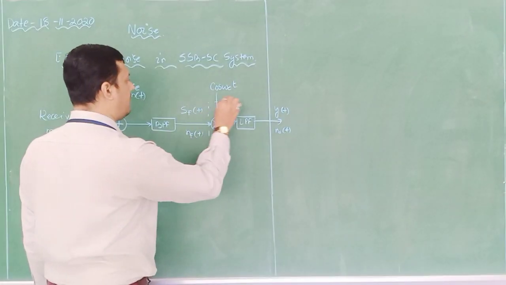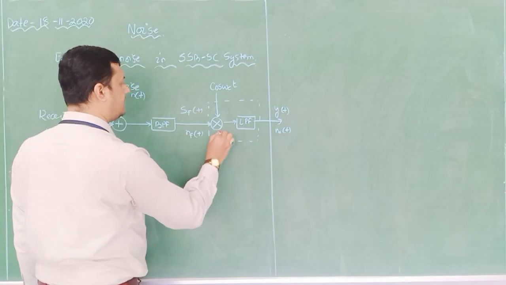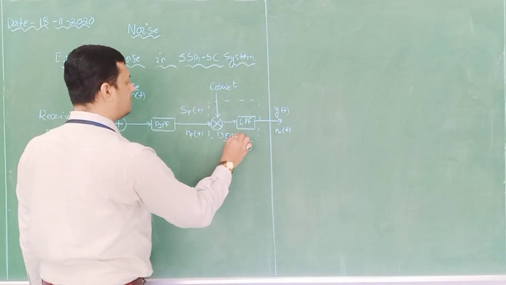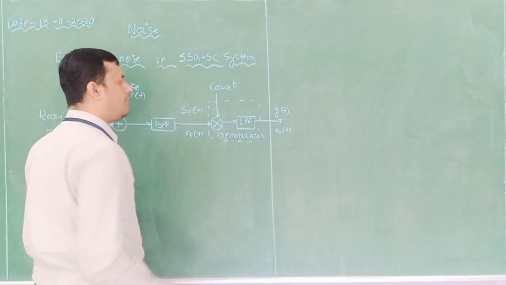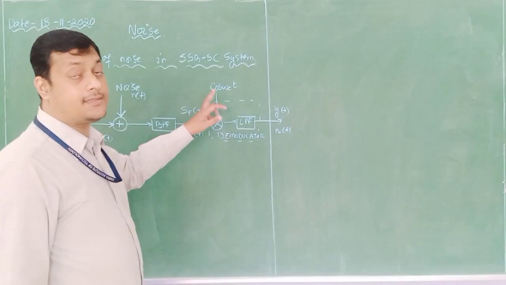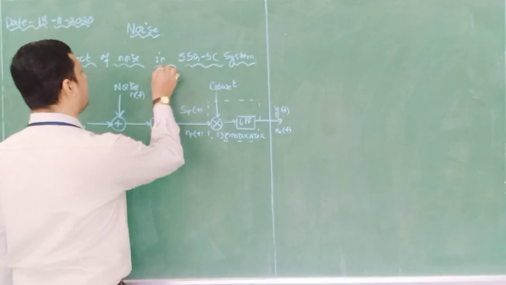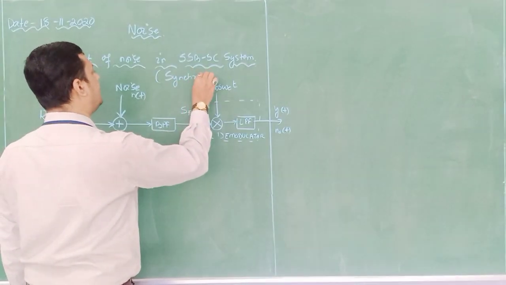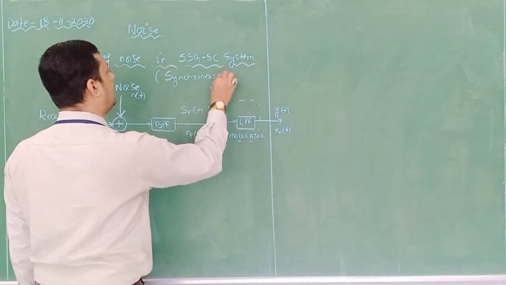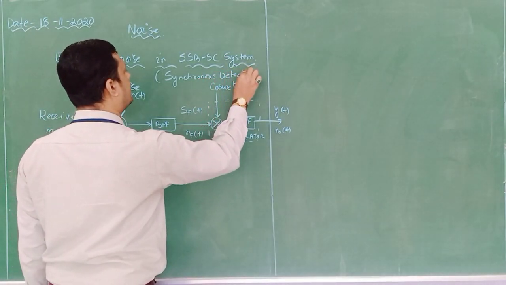This particular part is called the demodulator. Which type of demodulator is it? The demodulator is a synchronous detector, so here I will write using synchronous detection.